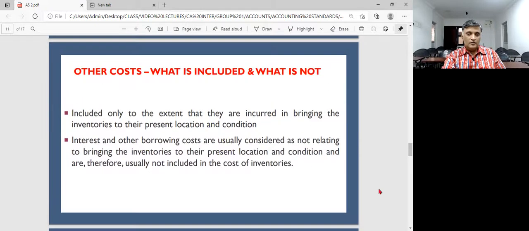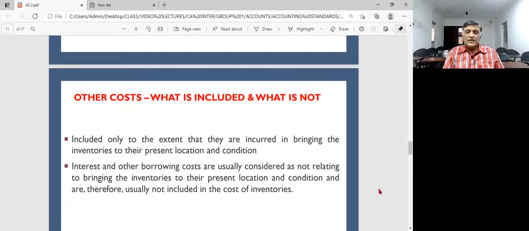Right. Now, the standard says there are some costs which need to be included, and there are some costs which you should not include. What they say is, included only to the extent that they are incurred in bringing the inventories to their present condition and location. So this is a very generic statement. Whatever costs you incur, if you feel that they are necessary to bring the inventory to the present condition and location, you please include it as part of the cost.